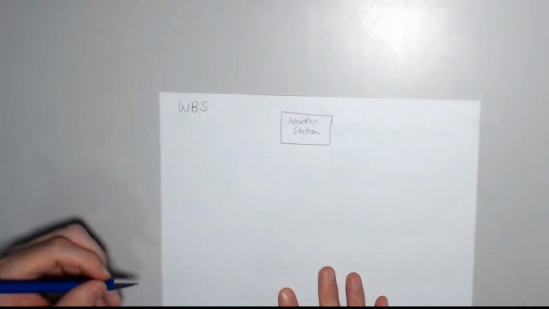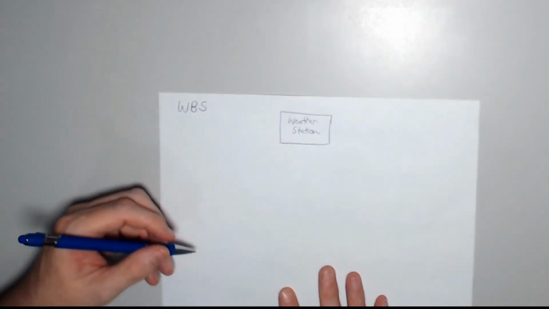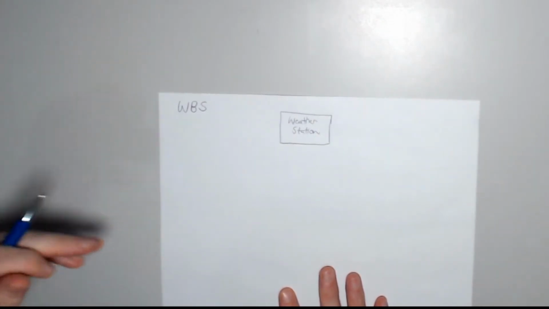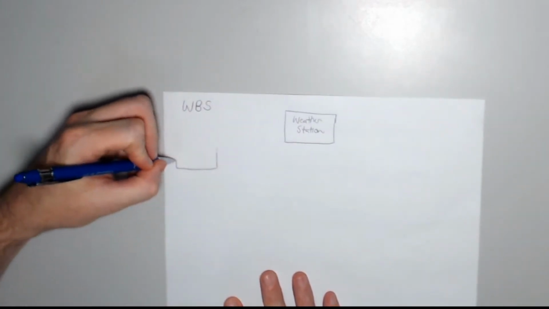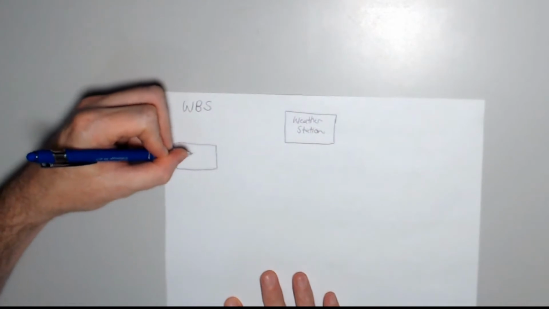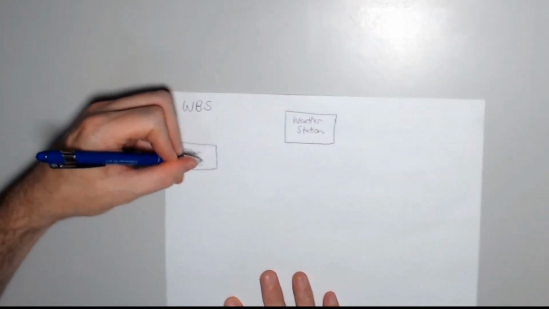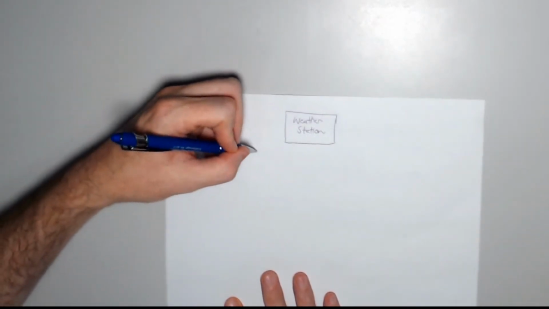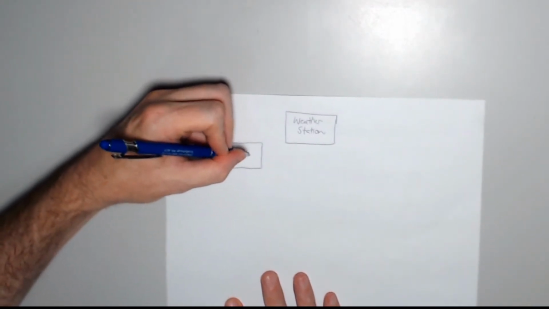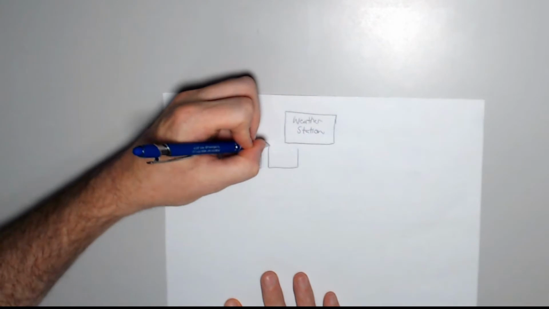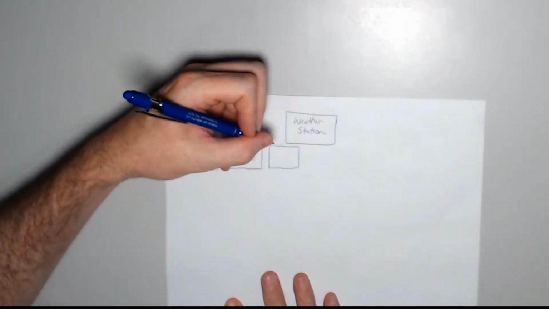So we're going to list down all the subcomponents that make up this weather station that we determined in our block diagram. So we're going to need, what was first? Solar panels. We need a battery. Going to need our router.